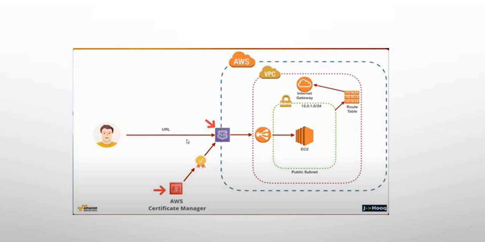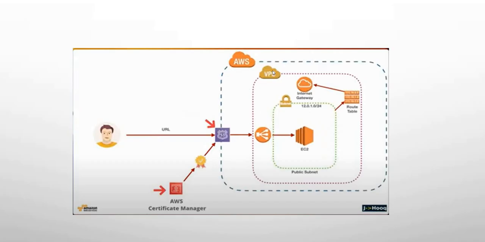After getting the URL in Route 53, AWS Certificate Manager sends a request to Route 53 to create the certificate. So this is how AWS Certificate Manager works.